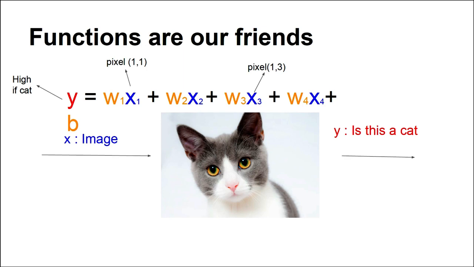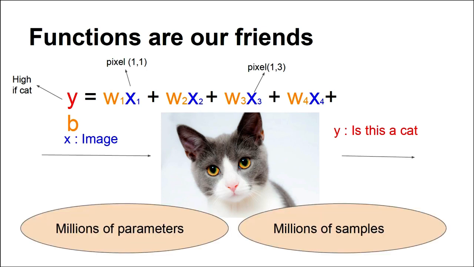So each pixel has a W associated to it. So if you want to classify a 40 times 40 pixel picture, you'll have 1,600 different inputs. And each input can have a value between 0 and 256 if it's black and white, or 3 values if it's RGB. So this means that we actually have a lot of parameters.